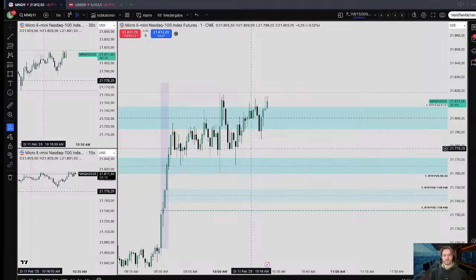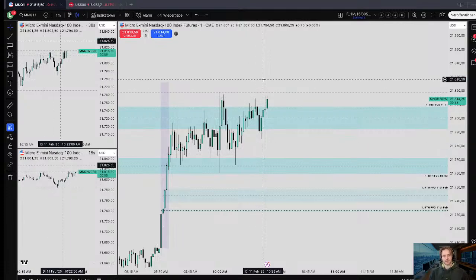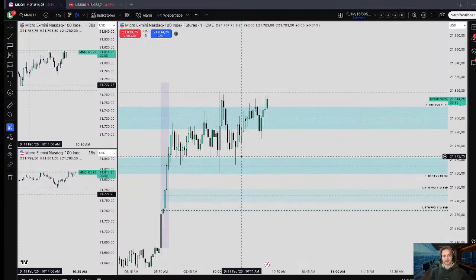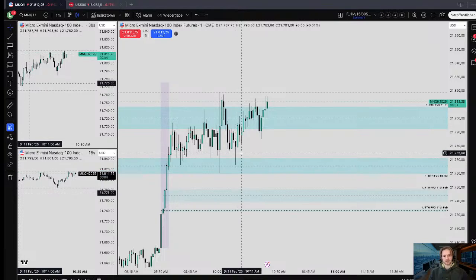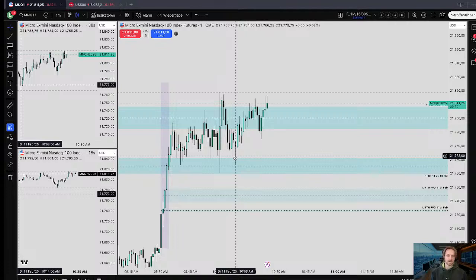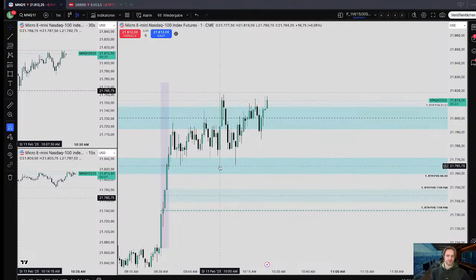Now, the thing is, I'm not sure why it should go higher now before taking out at least the low here, because everyone who was like, well, yeah, it does. I'm sorry, I was wrong. It just took out the sell side here.